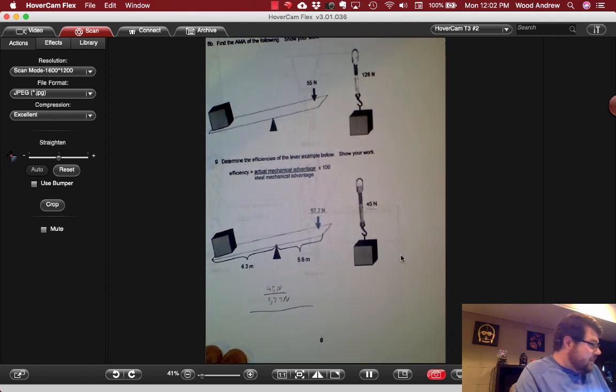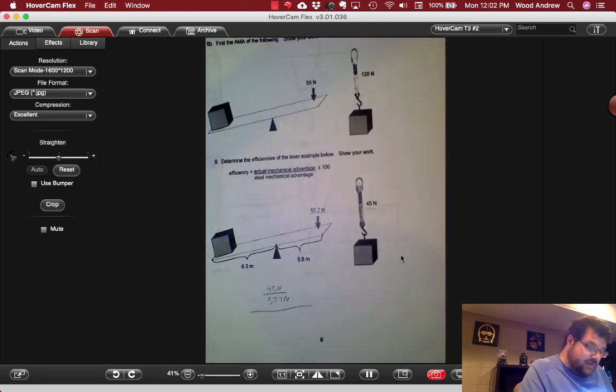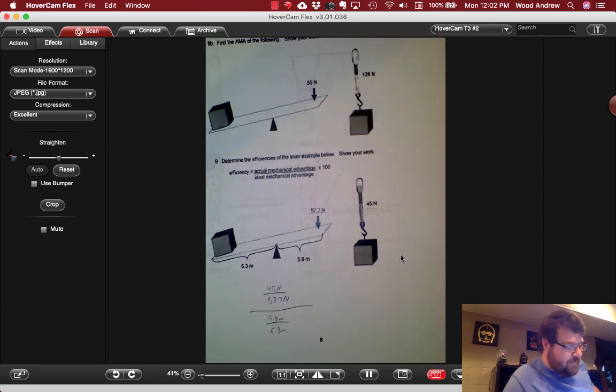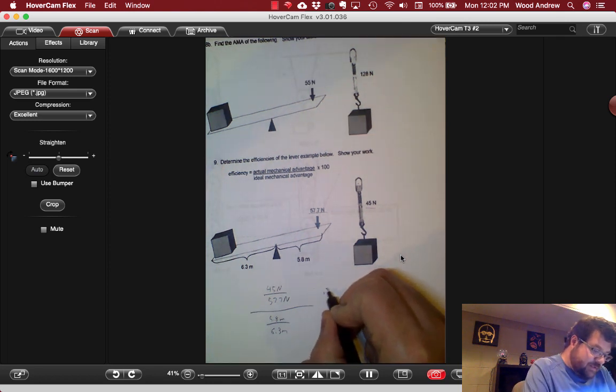The ideal mechanical advantage is dealing with the distance ratios, where we have the effort distance over the resistance distance. So the effort distance would be the 5.8 meters. The resistance distance would then be the 6.3 meters. And I hate mixed fractions in an equation, so I'm going to simplify that before I do anything else. 45 divided by 57.7 is 0.78.